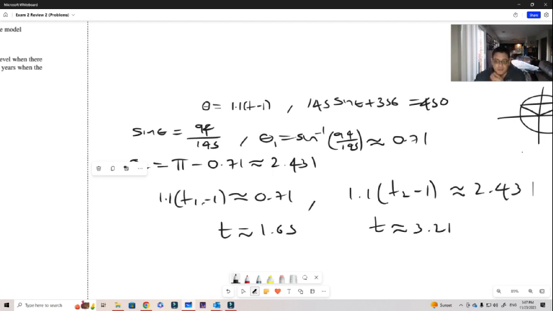There are two ways you can do this: solving the equation normally by algebra, or using the solver on your calculator to get the values of t.